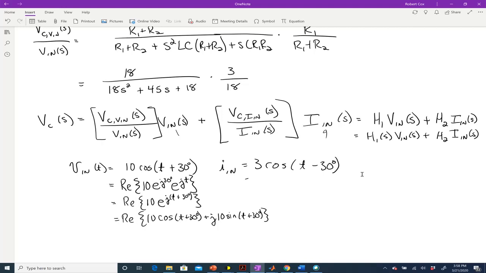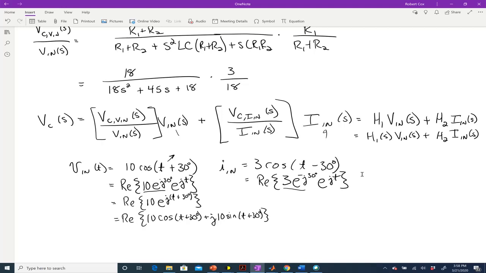Similarly for In, I could say that this is the real part of 3 e to the j negative 30 degrees times e to the j t. Now, one thing I want to point out: 10 e to the j 30 and 3 e to the minus j 30 are the same as the phasors associated with these.